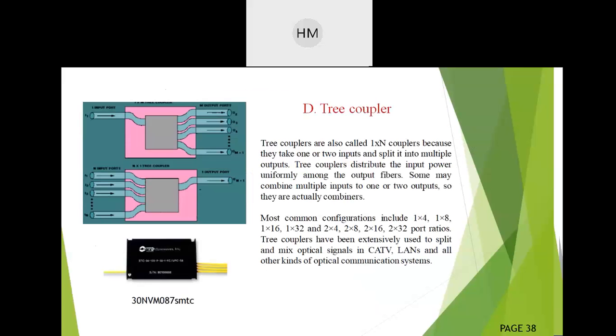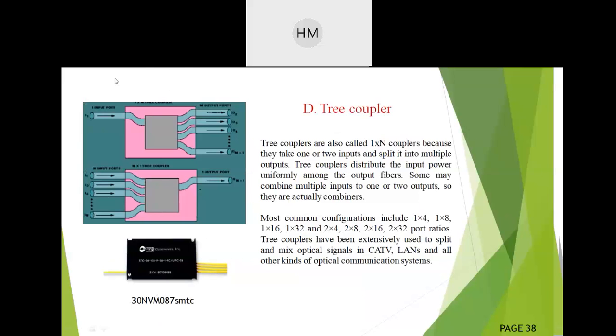So we will Google it, put in our requirements and search. Then we will get the list of devices. There are many tree couplers, but out of those we have to select one. That needs a lot of research and study, so we should know the names of these devices also.